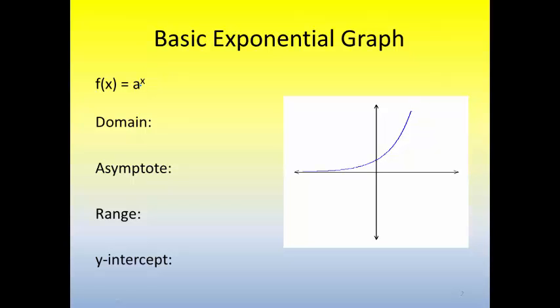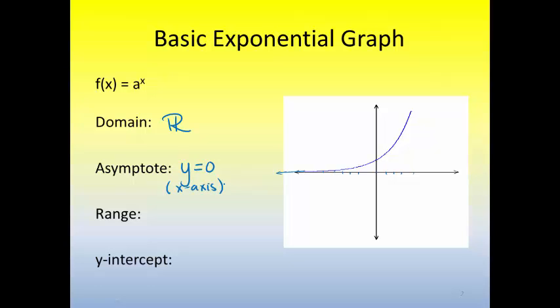My domain is every single x value along here is going to get used. So my domain is all real numbers. But I do see that this thing is riding along the x-axis here. So my asymptote in the standard graph is going to be y equals 0, which is the x-axis.